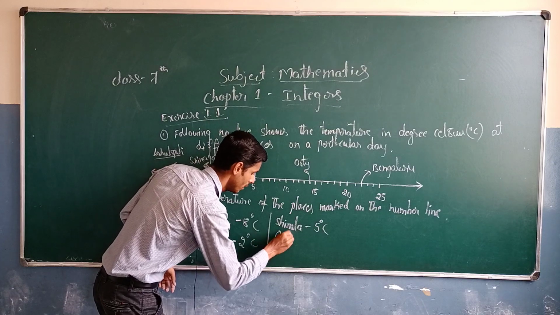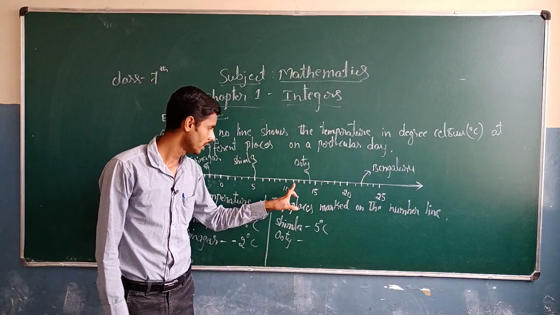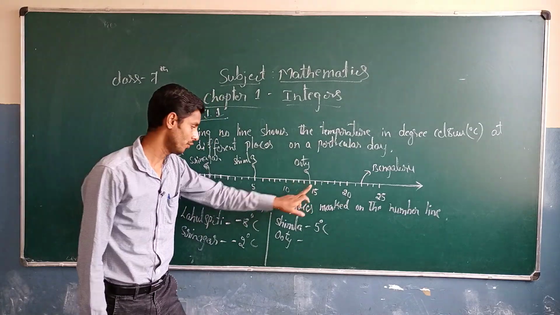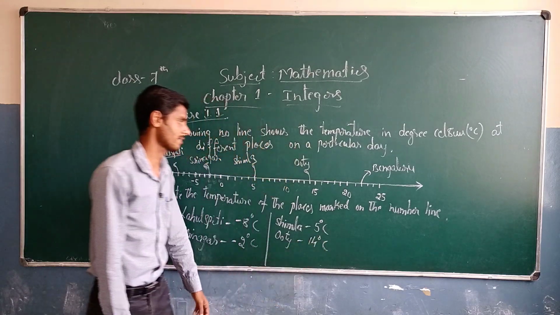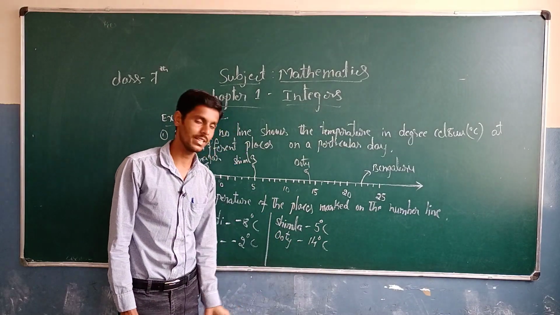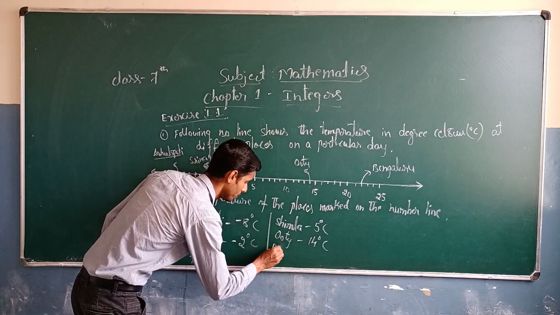Next, the temperature of Ooty. This is 10, 11, 12, 13, 14. So the temperature of Ooty is 14 degrees Celsius. Next, Bangalore.